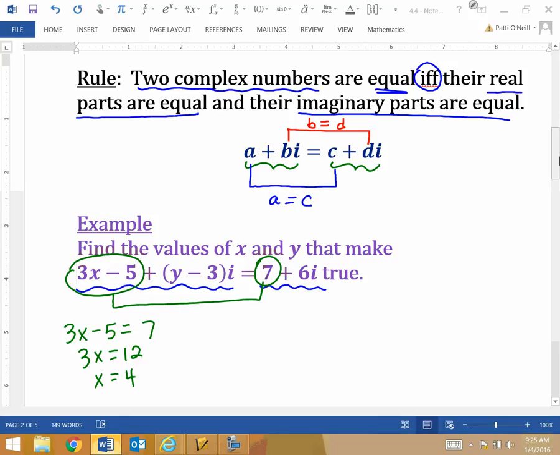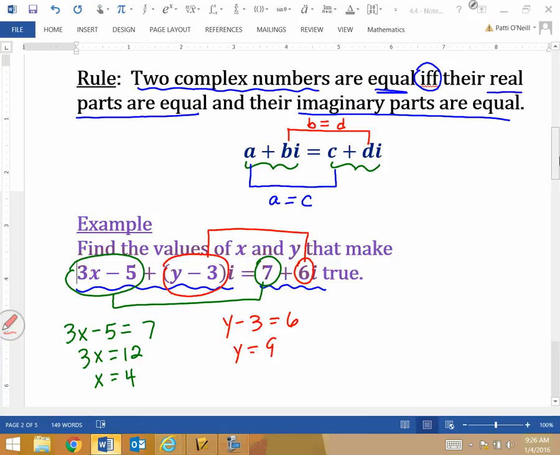To make sure that the entire complex number is equal to the other complex number, the two imaginary pieces have to be equal to each other as well. So the i's we know are going to stay, and what comes before the i's have to also be equal to each other. So I'm going to say that y minus 3 has to equal 6, and y will be equal to 9.